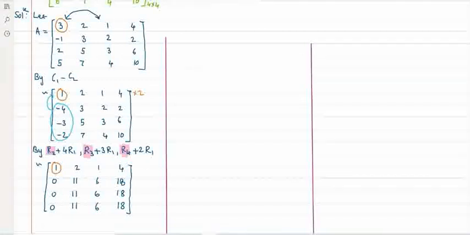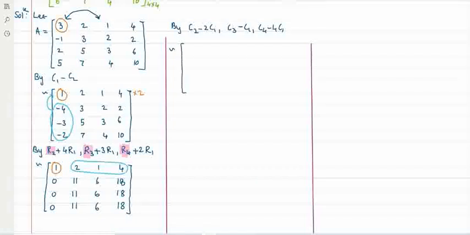Next, you have to reduce the elements on the right side, these elements, to 0 by using column transformation. Yes. C2 minus 2C1, C3 minus C1, and C4 minus 4C1. So the new equivalent matrix, column wise you have to represent.